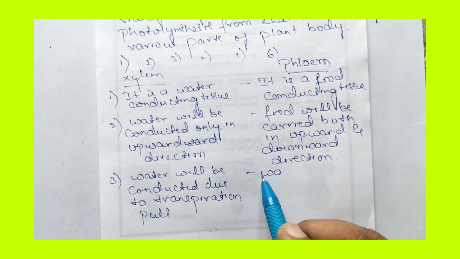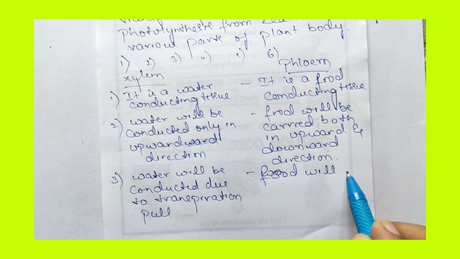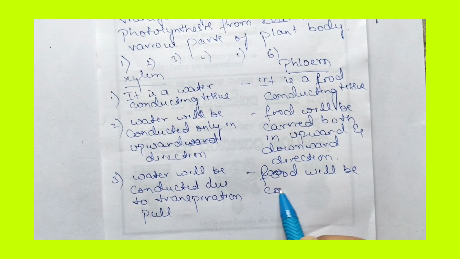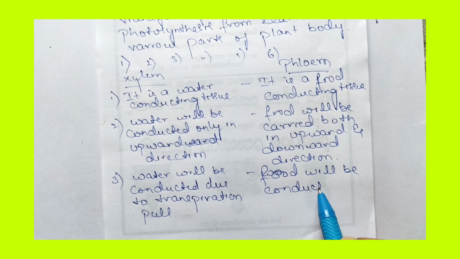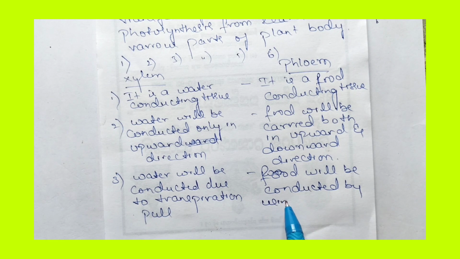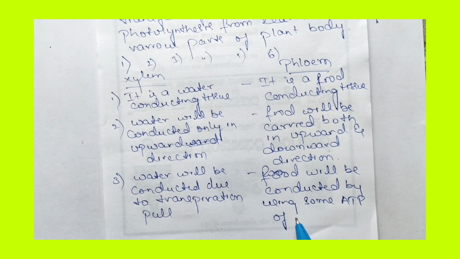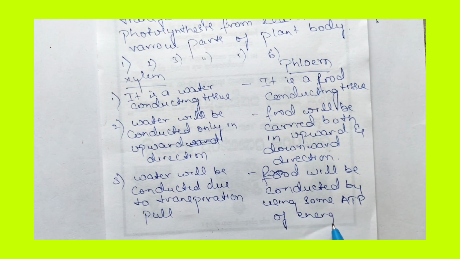Next, food will be conducted by using some ATP of energy. So these are the three differences between xylem and phloem.